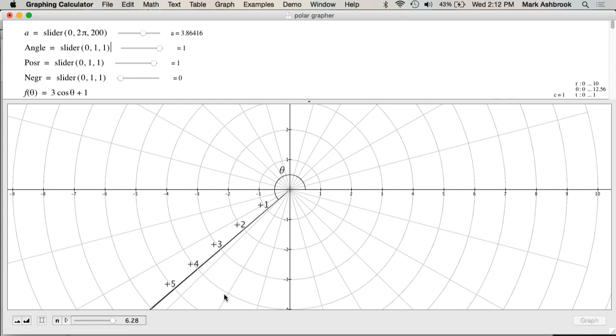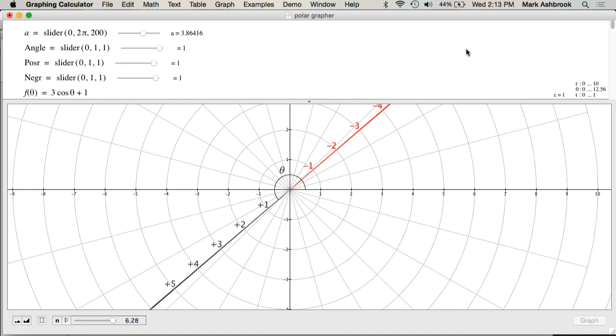So can you have negative r? Where would that be? It would be in the opposite direction from positive. If I have this angle here of 3.86, and negative 2, do you see where the point negative 2 comma 3.86 radians is?